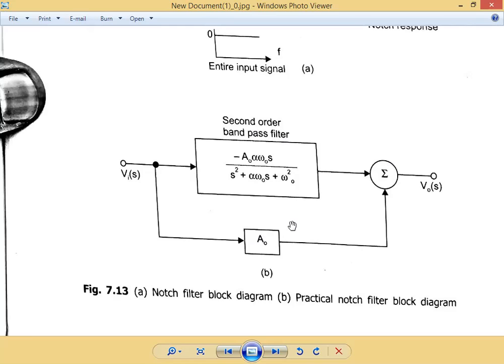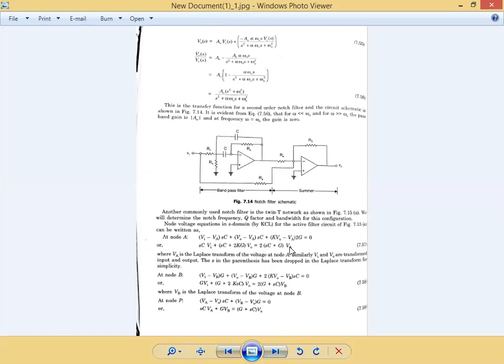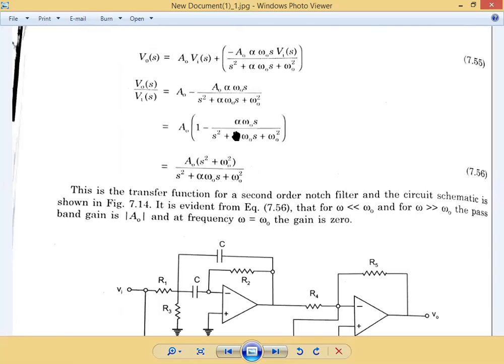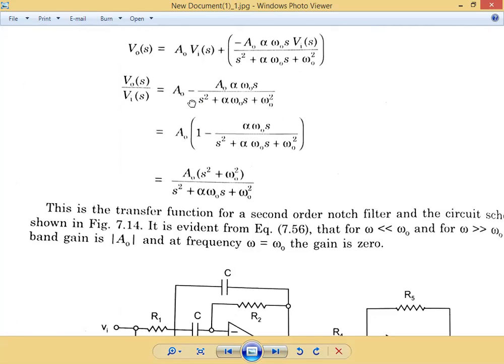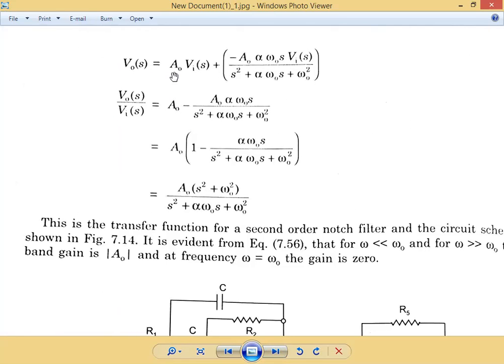Then the output of the circuit, V0(s), is equal to A0 Vi(s) plus A0 into Vi(s) times the gain of the band pass filter.